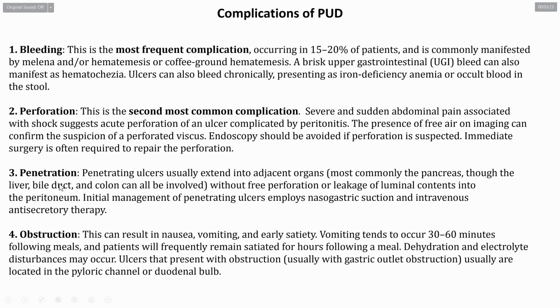Sometimes it doesn't need surgery. Obstruction, extremely rare, especially that nowadays we are treating most of the causes of peptic ulcer disease, but you may have a gastric outlet obstruction if you have severe duodenal ulcerations in the duodenal bulb, in the bulbar duodenum. Okay, clear? Most common, this one.